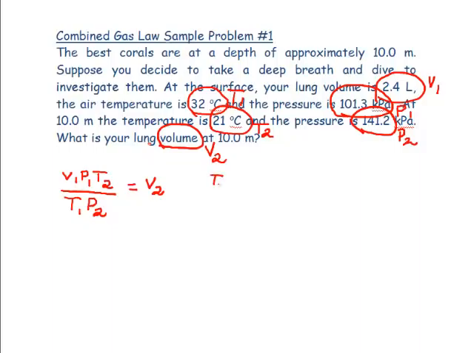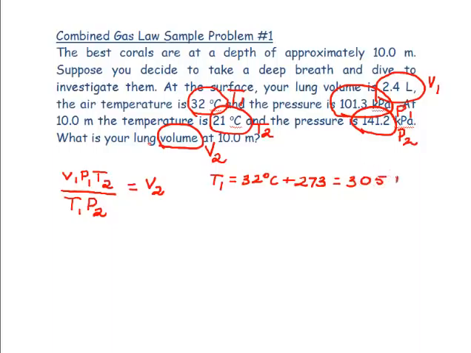T1, which is given in the problem as 32 degrees Celsius, I have to add 273 to that. So my real T1 that I can use in the problem as I solve it is going to be 305 Kelvin.